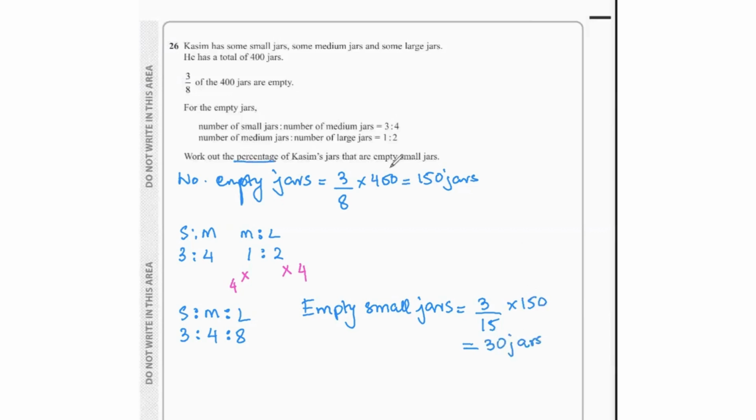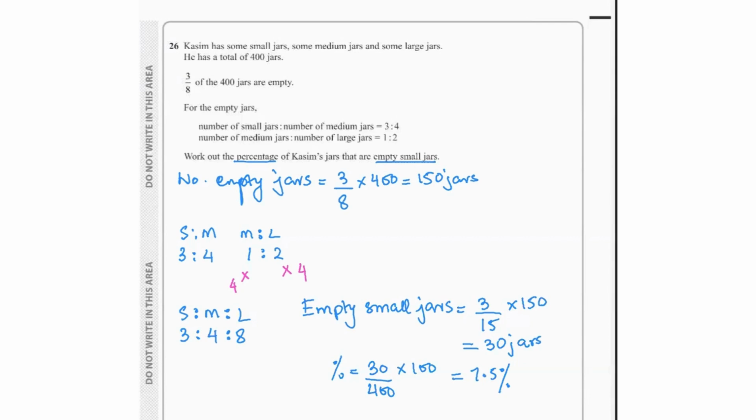Emphasis on percentage of the empty small jars, which means we will do 30 divided by the total number of jars, which is 400, times 100. And that gives us 7.5% as the percentage of empty small jars.